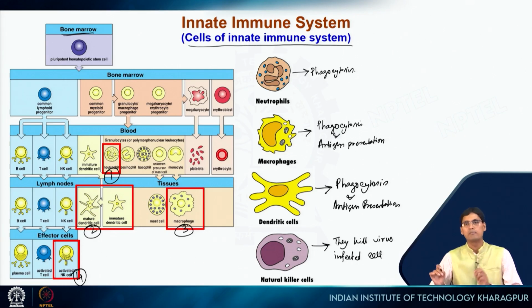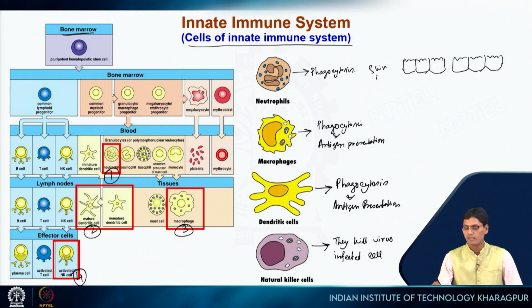I'm just giving you one example. See, for example, if this is an epithelial layer, some epithelial cells I am mentioning. So, for example, this is the skin layer. So, this is an epithelial cell.